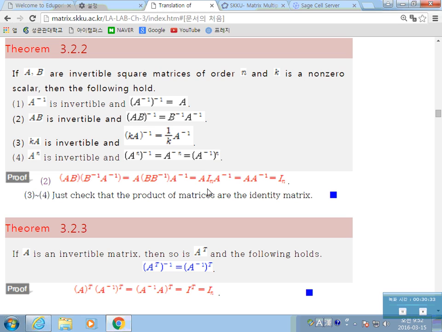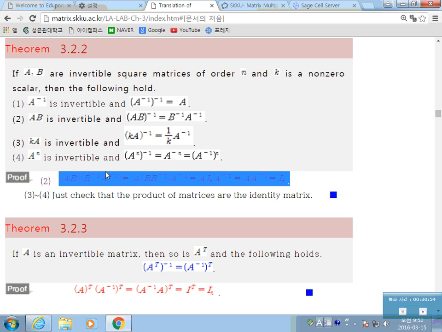When you show that given two matrices each are the inverse of the other, all you have to do is just multiply these two. This matrix times this. Then you will see it is an identity matrix. Then B inverse and A inverse are cancelled as identity.